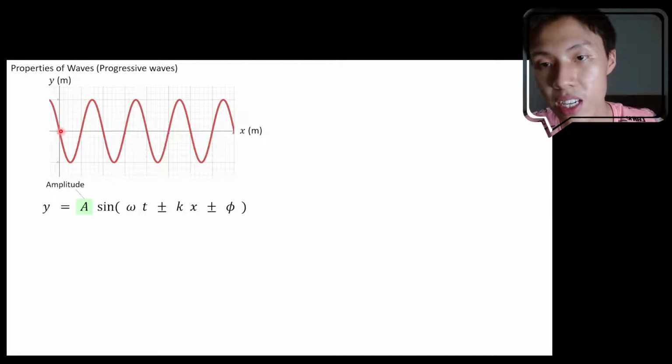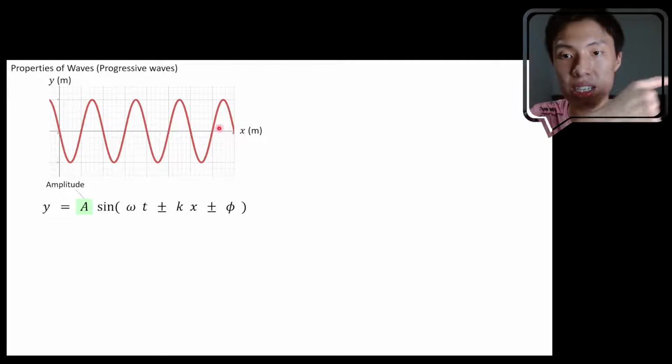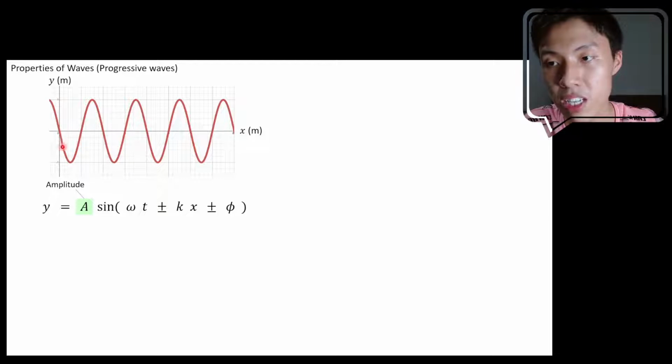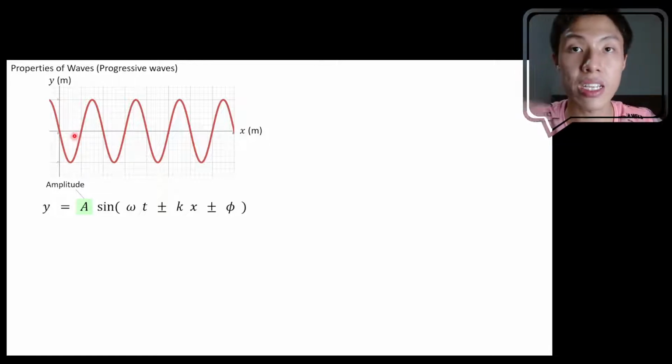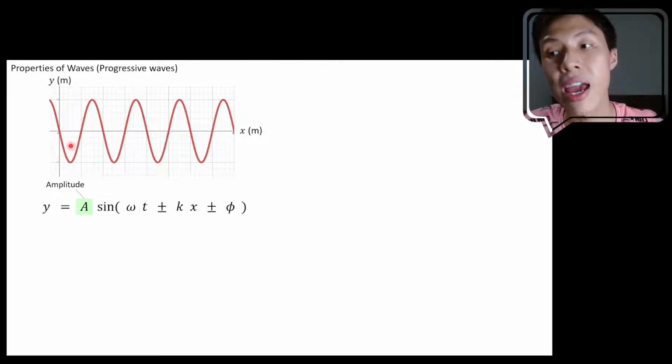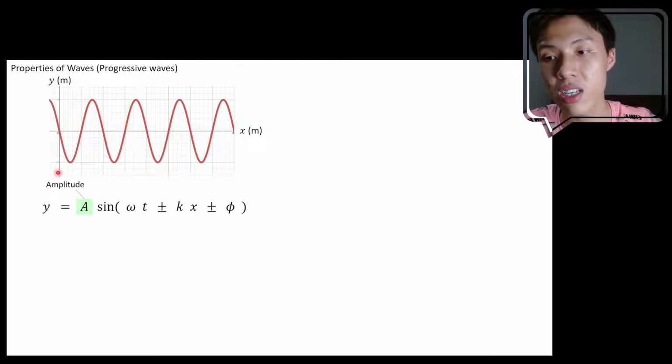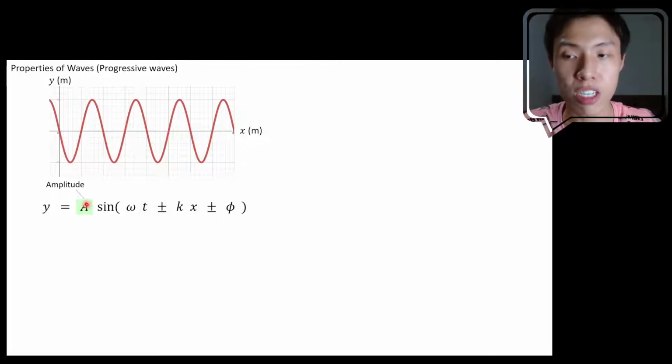So you can think of this x-axis as a series of particles, and each of the particles has been displaced by a different amount, either in the positive or negative direction. And the maximum displacement that can be achieved by these particles here, we call it amplitude. It's the magnitude of maximum displacement.